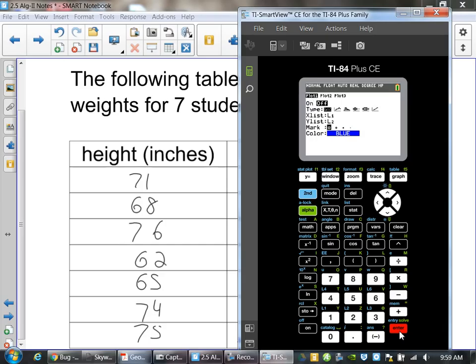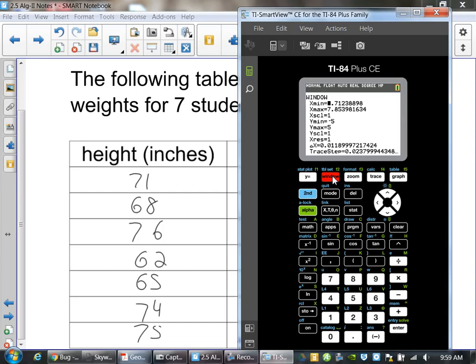Now we have to adjust our window. That's the screwball thing that you guys have to get accustomed to. A lot of these scatter plots are all going to look a little bit different because your data sets are going to change. You have to take into account where the data is. Our window is probably set at a 10 by 10 square.